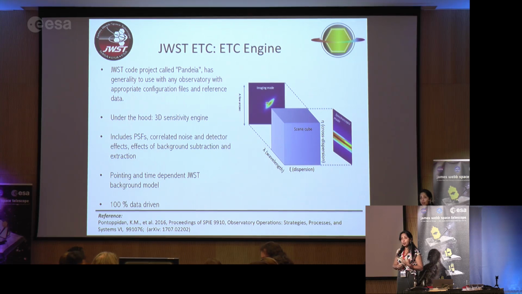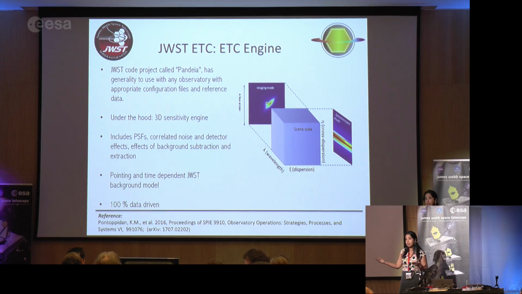So it does include all the PSF effects. When it creates a scene, it convolves every wavelength plane with the PSF and adds the detector noise, and also takes into account the effects of background subtraction during the extraction process. Like I mentioned, the background is the sky background, and the telescope background is an important component. It's both pointing dependent, where you are on the sky, and time dependent.